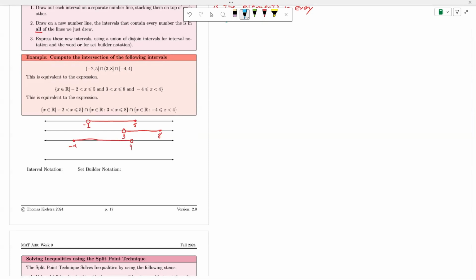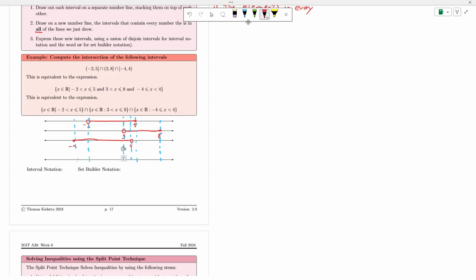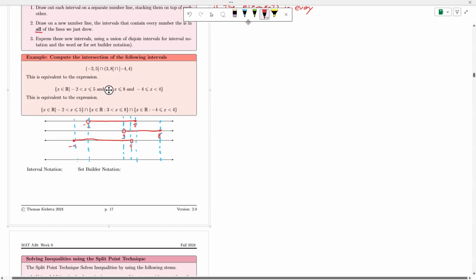Once again, I'm going to create these vertical lines to highlight the points where things change. Now, when I look vertically, I would like to see where all 3 lines overlap. So if we look here, none of the lines are touched, so not all 3. Well, here I have 1, but I don't have all 3. I have 2. I still do not have all 3. Well, here I touch all 3 lines, but that doesn't happen at 3.